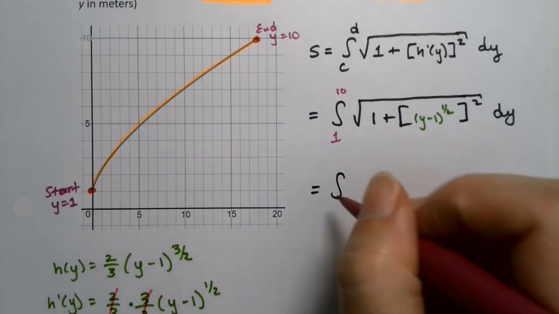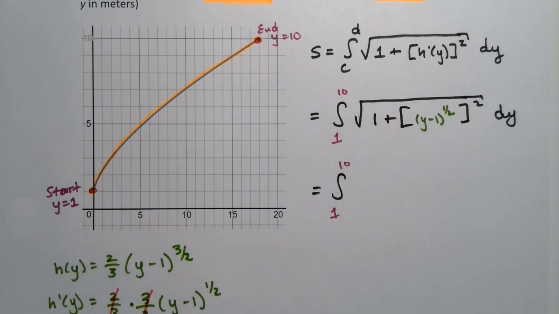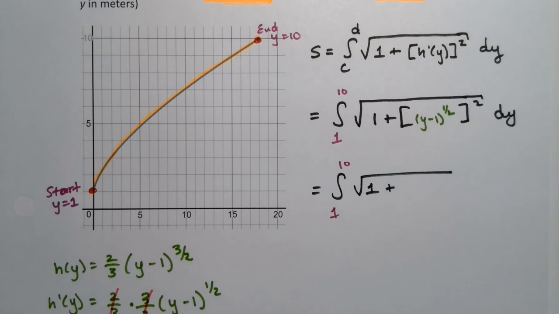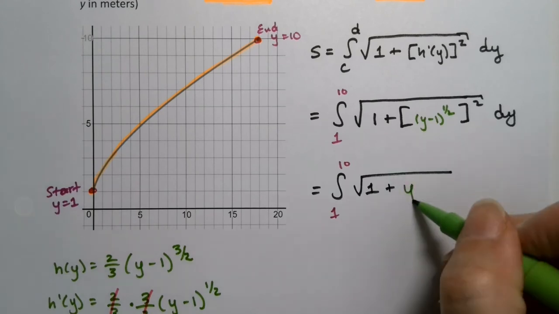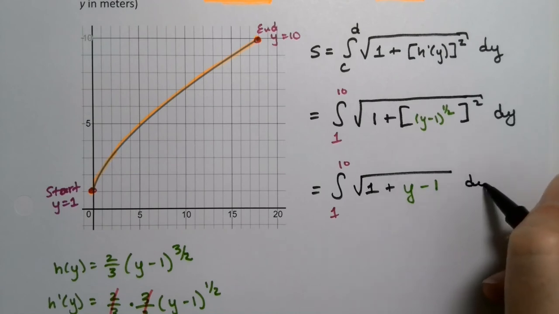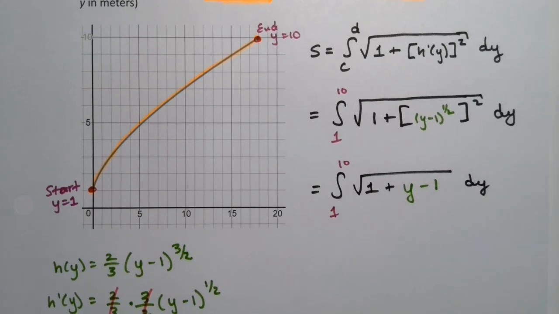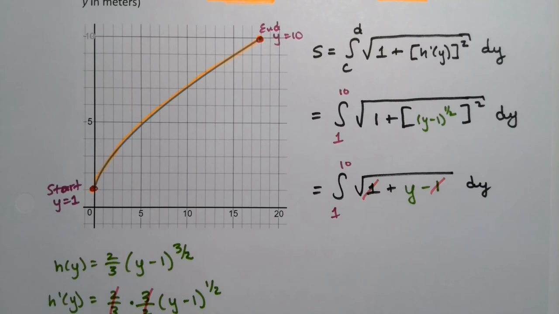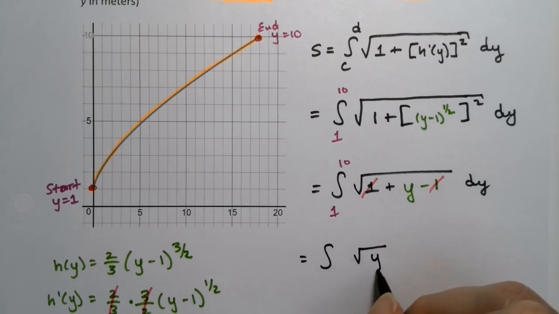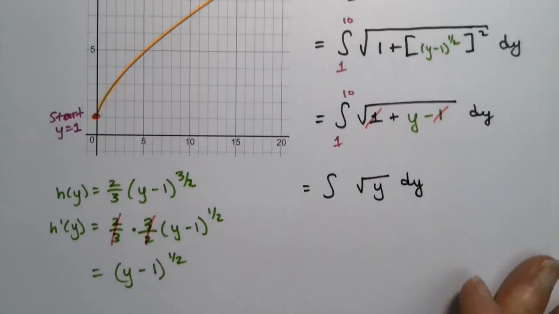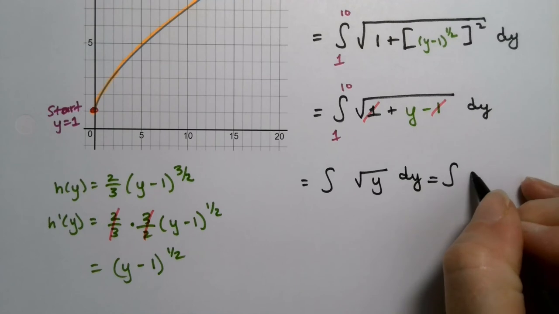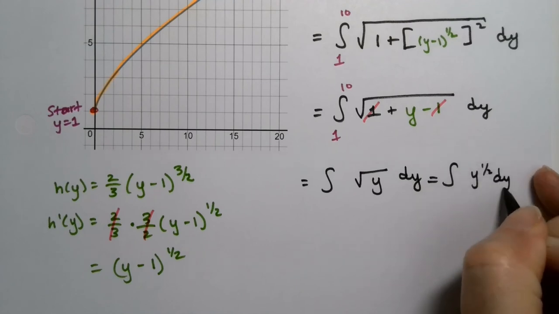So this is the integral from 1 to 10 of the square root of 1 plus y minus 1, which is even nicer because then the 1's disappear, because 1 take away 1 is nothing. So that would mean that we're taking the integral from 1 to 10 of the square root of y dy, which of course is the integral from 1 to 10 of y to the 1/2 dy.